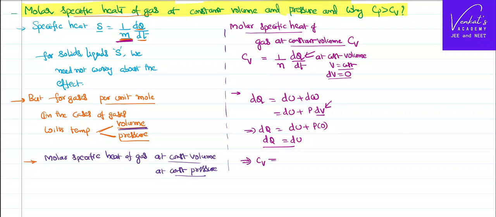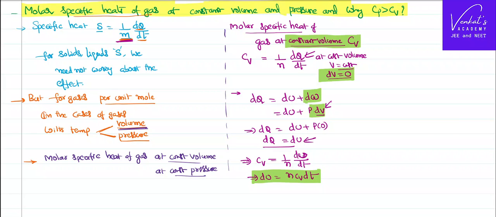So in the place of dQ in this equation, I can write dU itself. It implies molar specific heat of gas at constant volume Cv is 1 by n dU by dT. That implies dU equals n into Cv into dT. I want you to understand one thing carefully. When you keep the volume constant, there is no change in volume, thus work done equals 0. The heat is required only to increase internal energy.